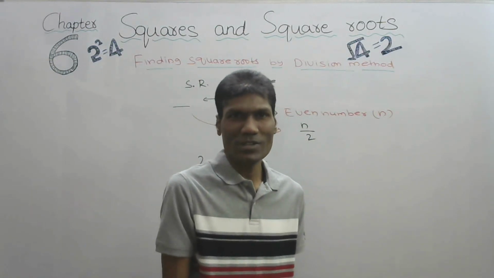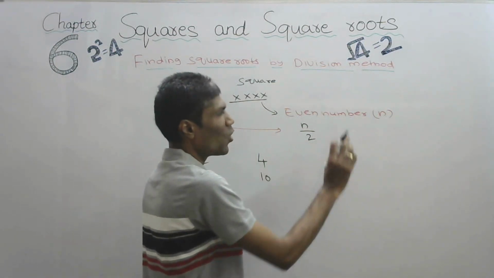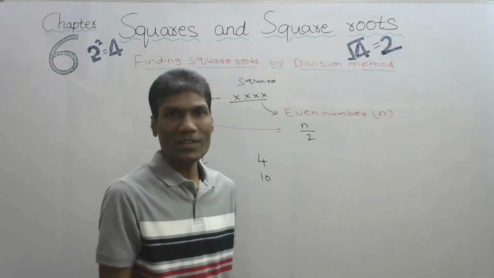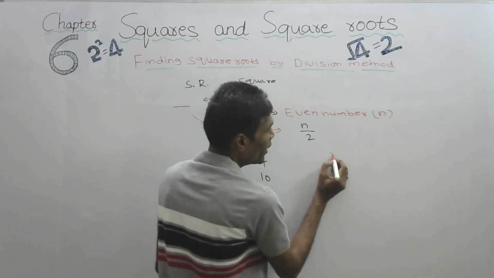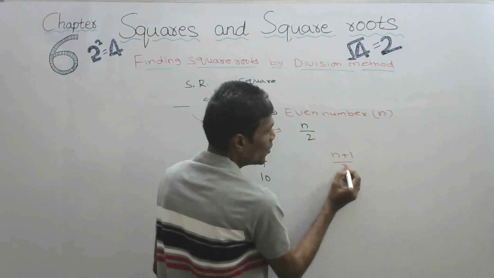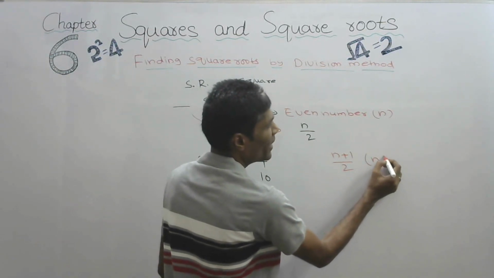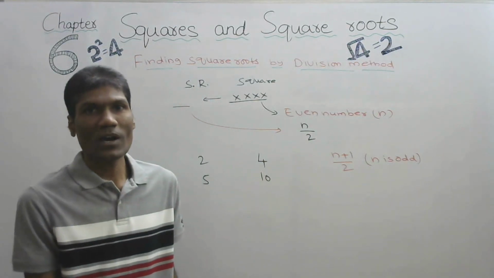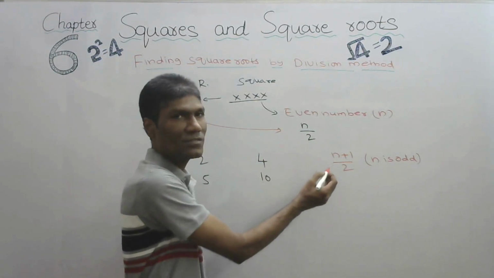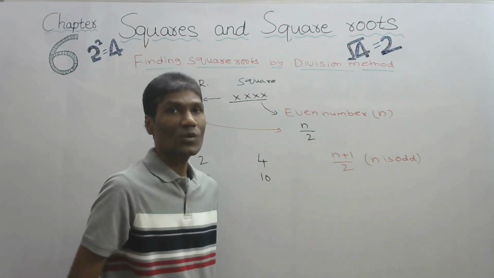Immediately the next question arises. If n is an odd number, then what happens is n plus 1 by 2. If n is an odd number, then the number of digits will be n plus 1 by 2.